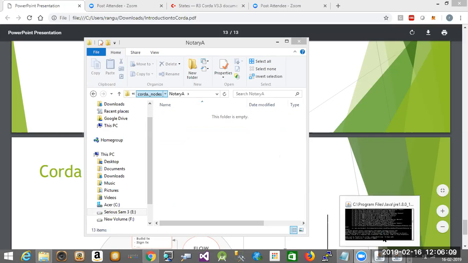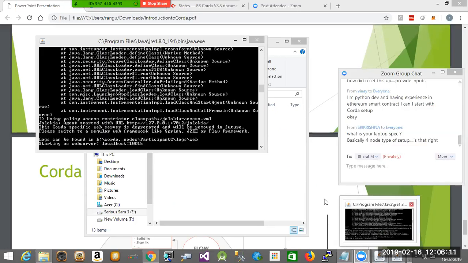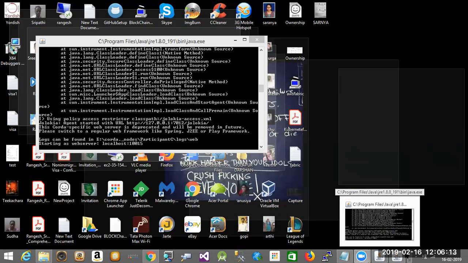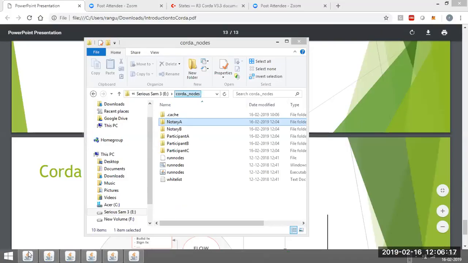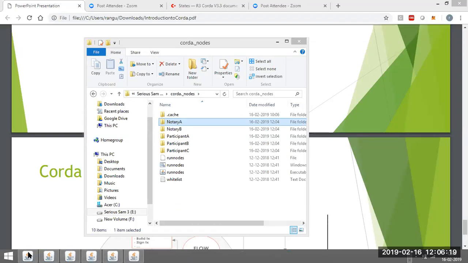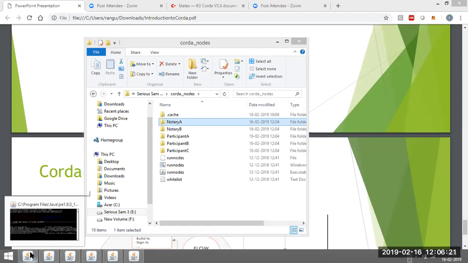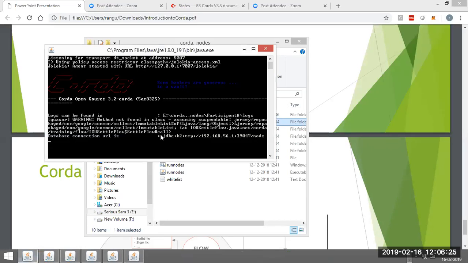Yeah, hello Jignesh. What protocol are peers using to communicate with each other, and from the external side, I can communicate with the network? For peer-to-peer communication, they use AQMP.